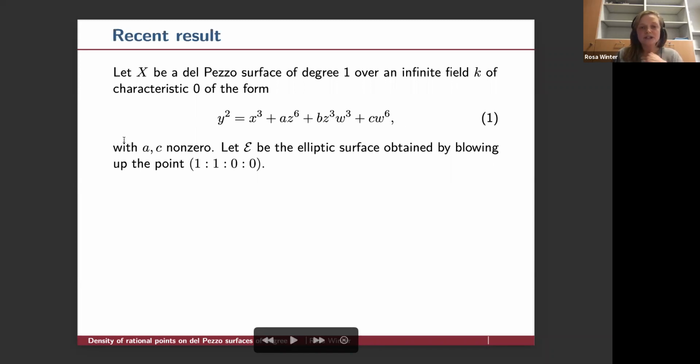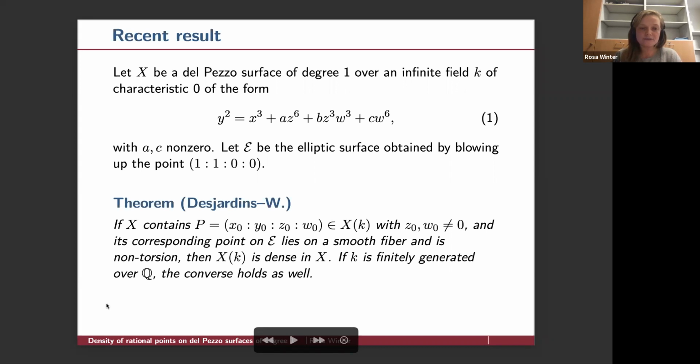If you let E be the elliptic surface obtained by blowing up this point, then our theorem says that if X contains a rational point with Z and W coordinates non-zero, and the corresponding point on the elliptic surface lies on a smooth fiber and is non-torsion on that fiber, then the set of rational points is dense in X. And the nice thing is that if K is finitely generated over Q, the converse holds as well. So this condition is sufficient and necessary.